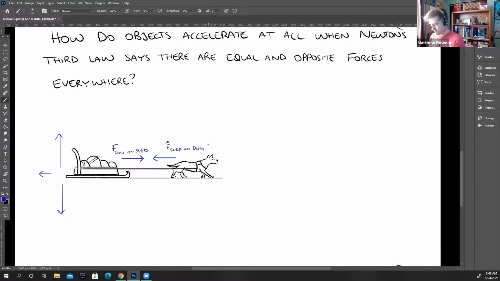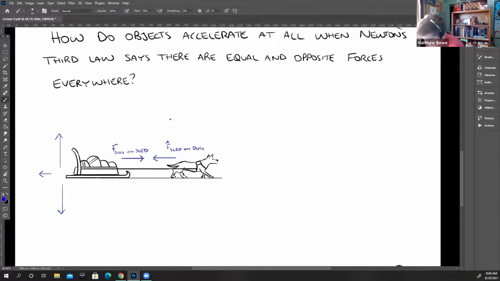Well, remember what we did on a similar problem a couple lectures ago. We drew a free body diagram, and in order to do that, we had to narrow in on what we were looking at. There's a whole lot happening here that isn't going to be included in a free body diagram.